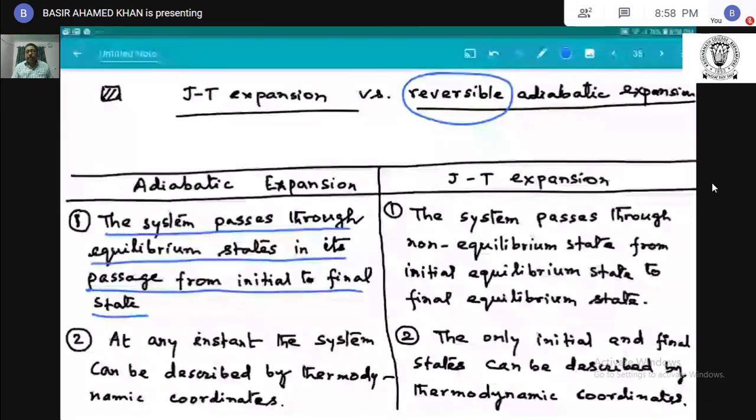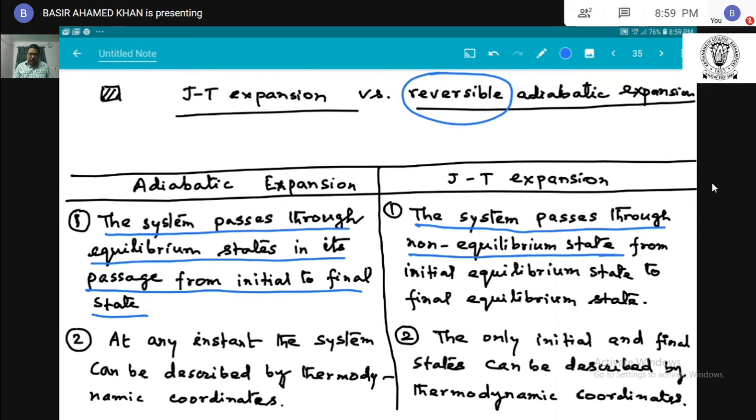But in JT expansion, the system passes through non-equilibrium states from the initial equilibrium state to the final equilibrium state. Only the initial and final states are in equilibrium in JT expansion, and during the passage the system is in non-equilibrium. But in reversible adiabatic expansion, every step is in equilibrium from initial to final state.